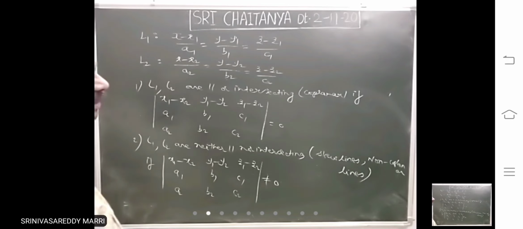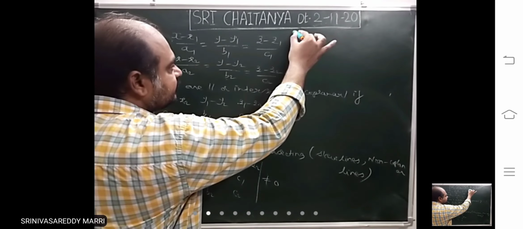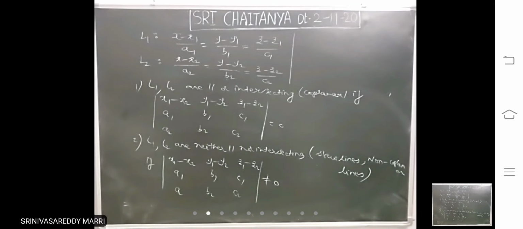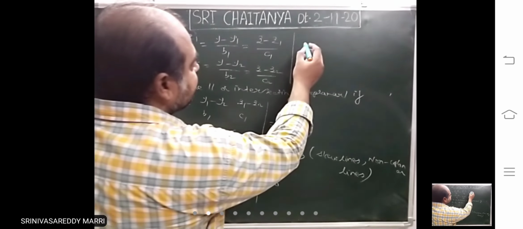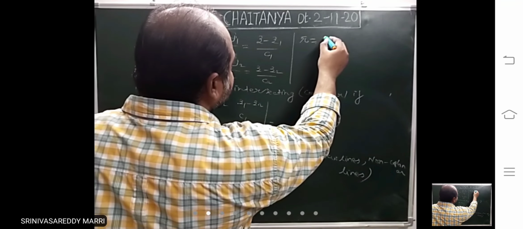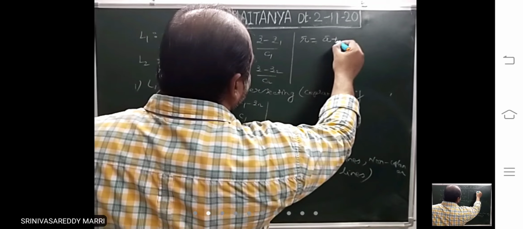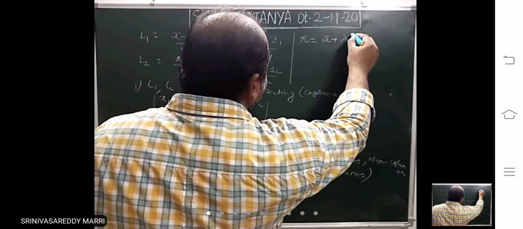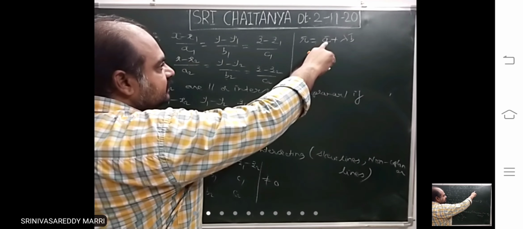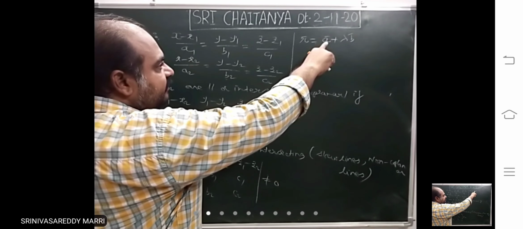Now look at how you will get this. These lines are given in Cartesian form. Now I am writing the first line in vector form: A bar plus lambda B bar. A bar means the position vector of a point on line 1.